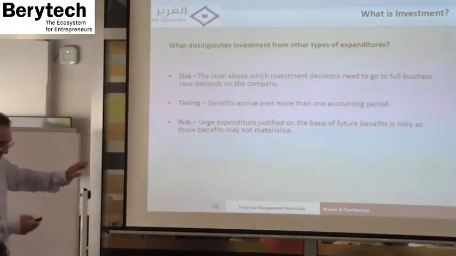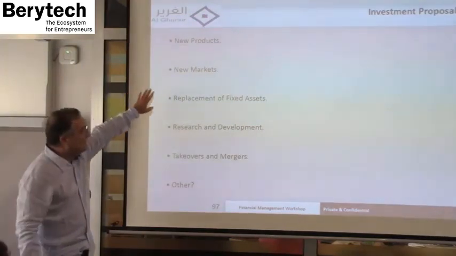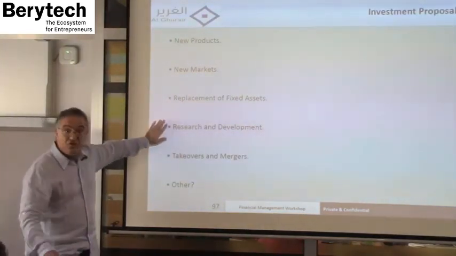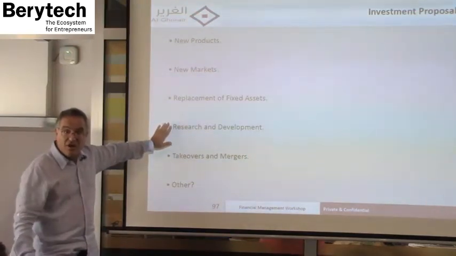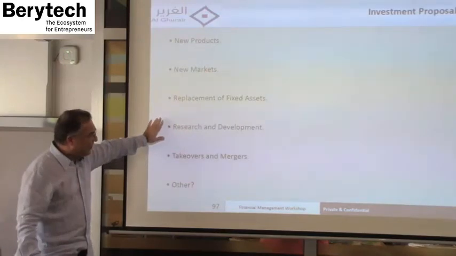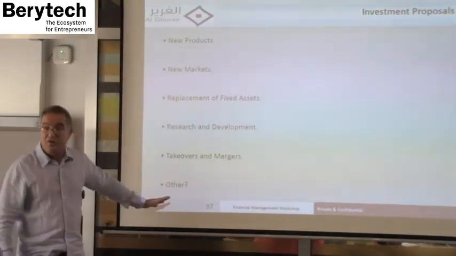So this is one. Now, examples of investments: new products you've mentioned, new markets you've mentioned, replacement of existing assets. In REMA's case, research and development is a big chunk. A lot of you are in technology and IT. Takeovers and mergers we also mentioned, and there could be some others that you have.